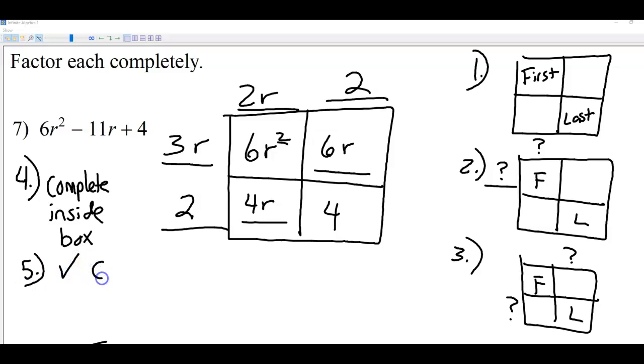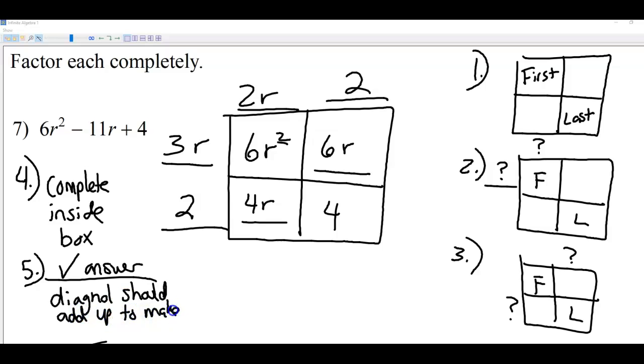We need to check our answer now. It's possible that it's not right. So how do you check your answer? The diagonal should add up to make the middle. I'll wait a second for you to finish writing that and then I'll explain.